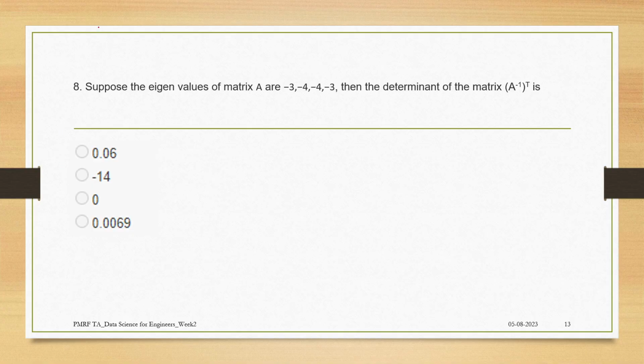Suppose the eigenvalues of the matrix A are minus 4, minus 3, minus 4, minus 4, minus 3, then find the determinant of matrix A inverse transpose.